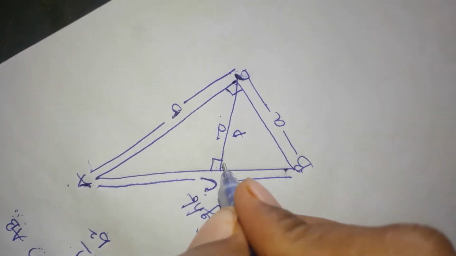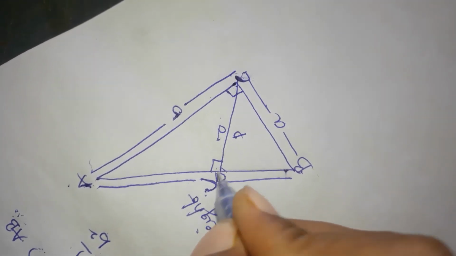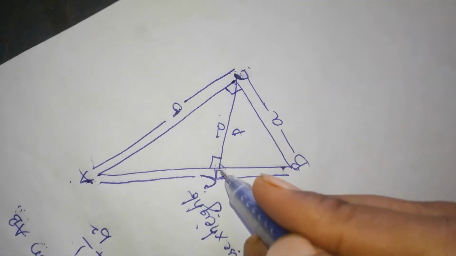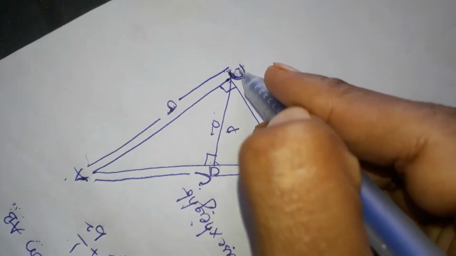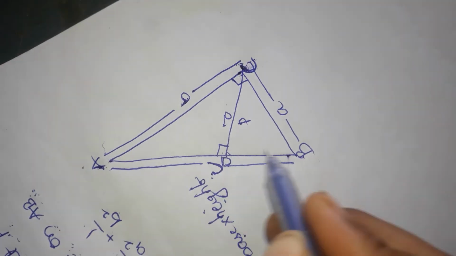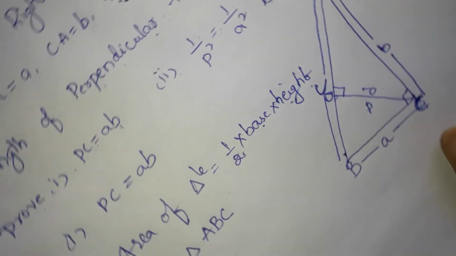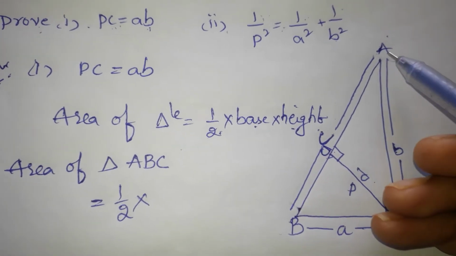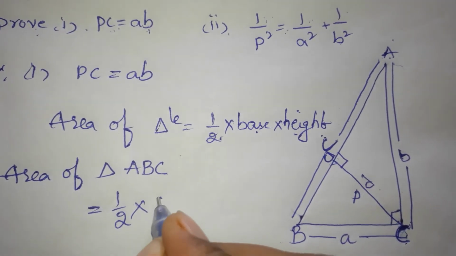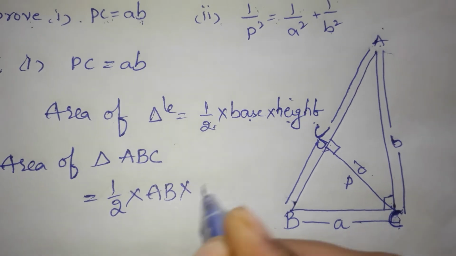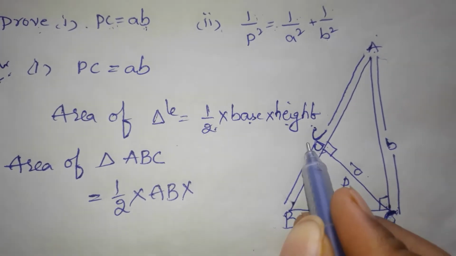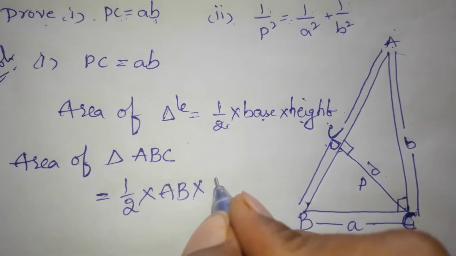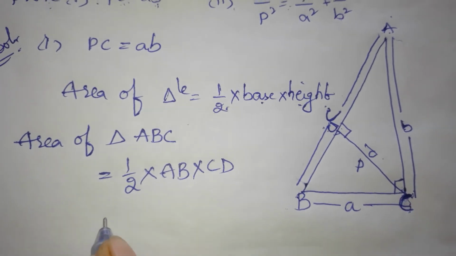If I put a point D here, CD will be the height and AB will be the base. So here, half into base. What is the base? As I said, AB is the base, AB into height, and the height is CD.